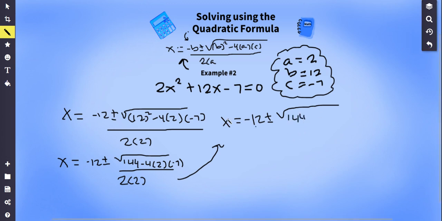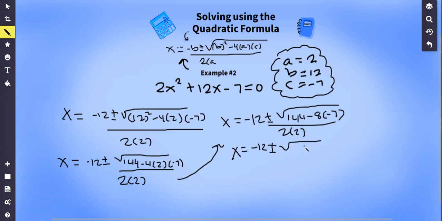Now we do negative 4 times 2, which is negative 8, times negative 7, over 2.